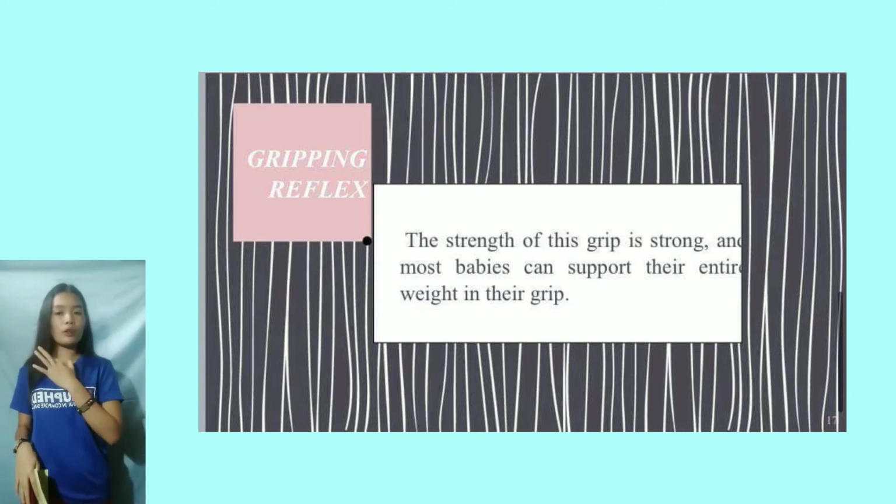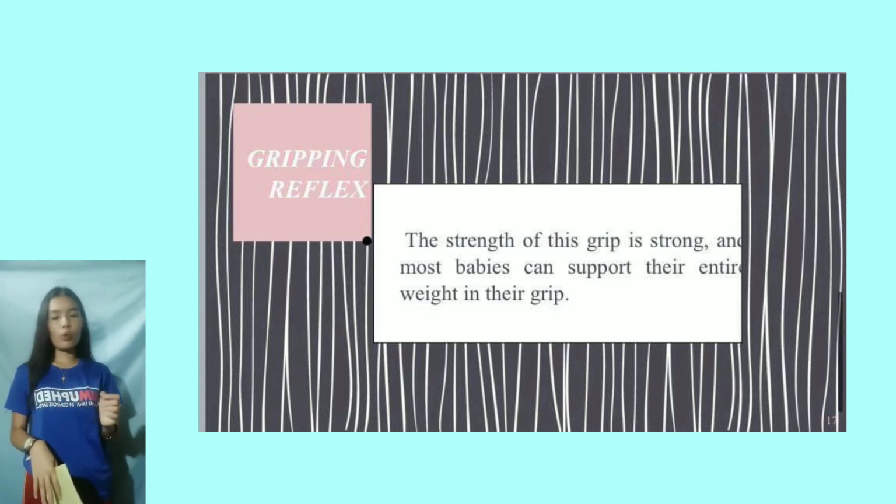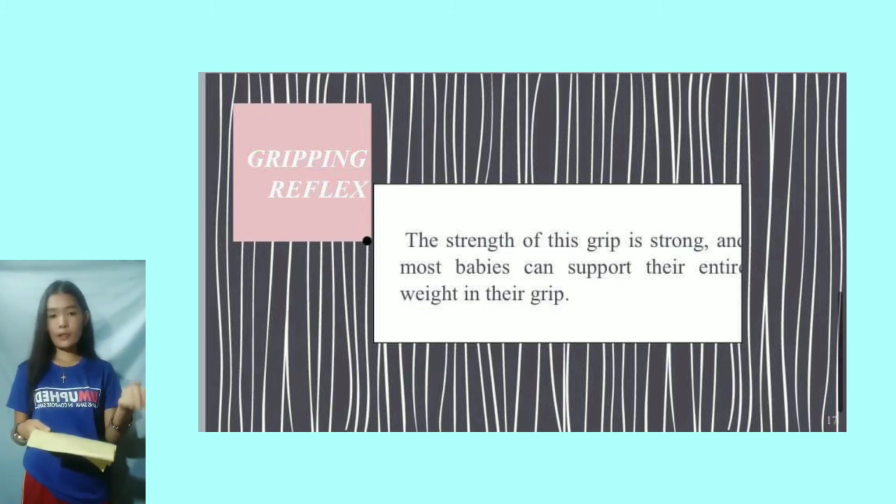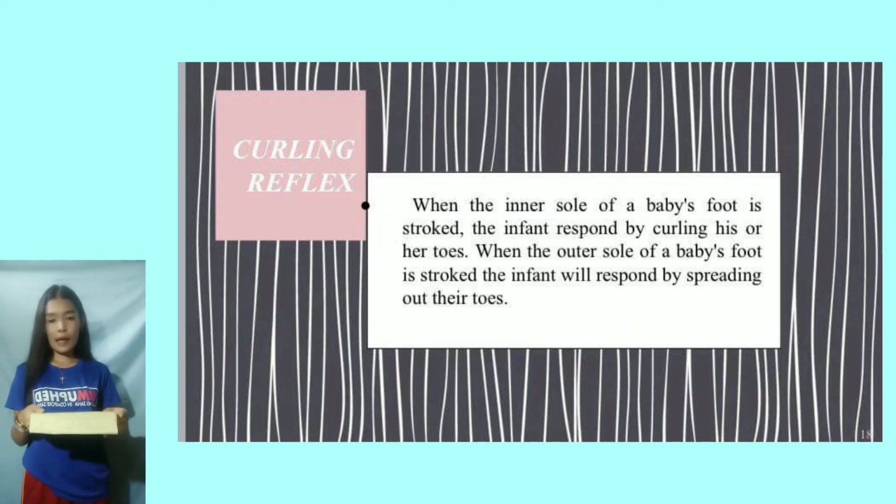Next is your hair. Once the baby touches your hair and feels something, they grab it, and they will pull on your hair. So that is the gripping reflex: the baby grasps anything placed in their palm. So, next is the curling reflex.